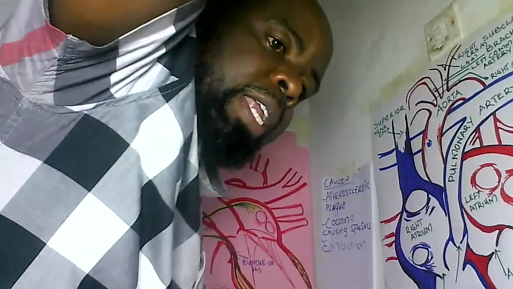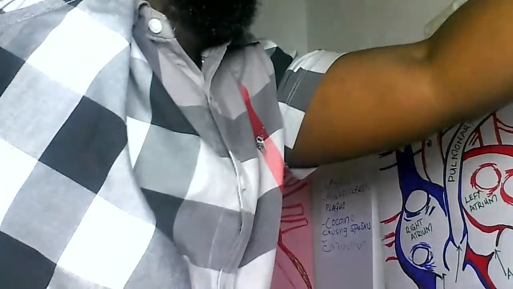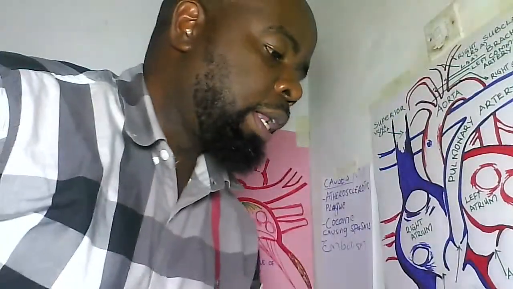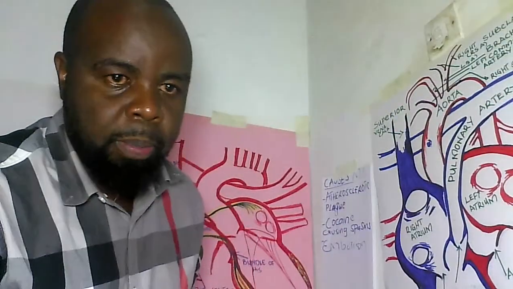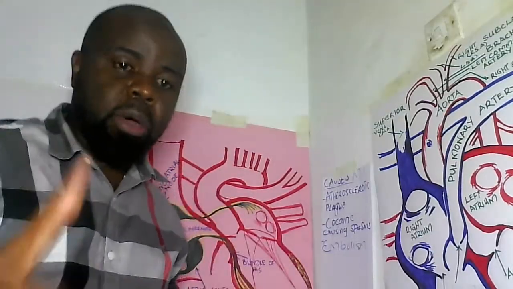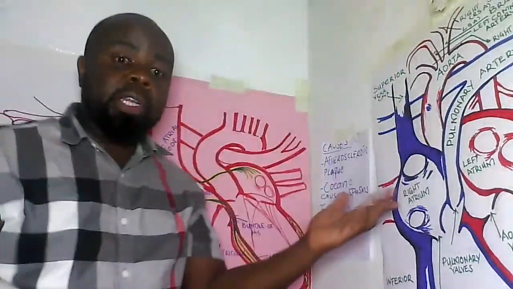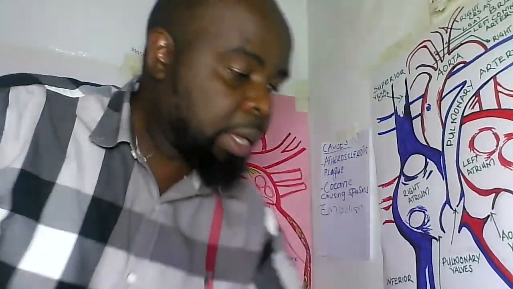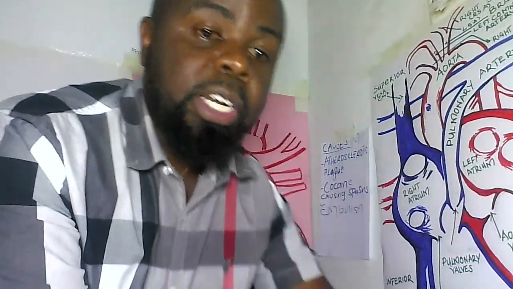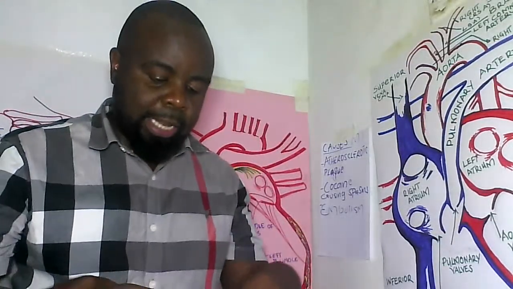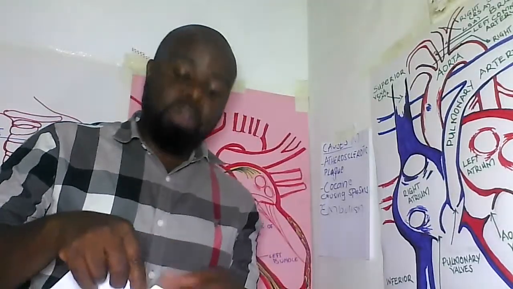I was explaining the normal circulation of electrical signals through your body. Now we want to learn about the opposite, because what I have been telling you here is the normal. So let's learn about what is not normal.